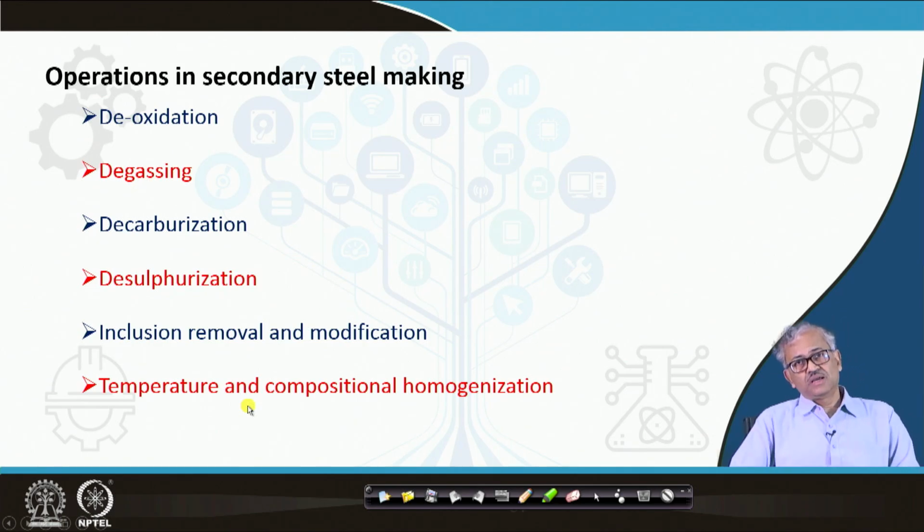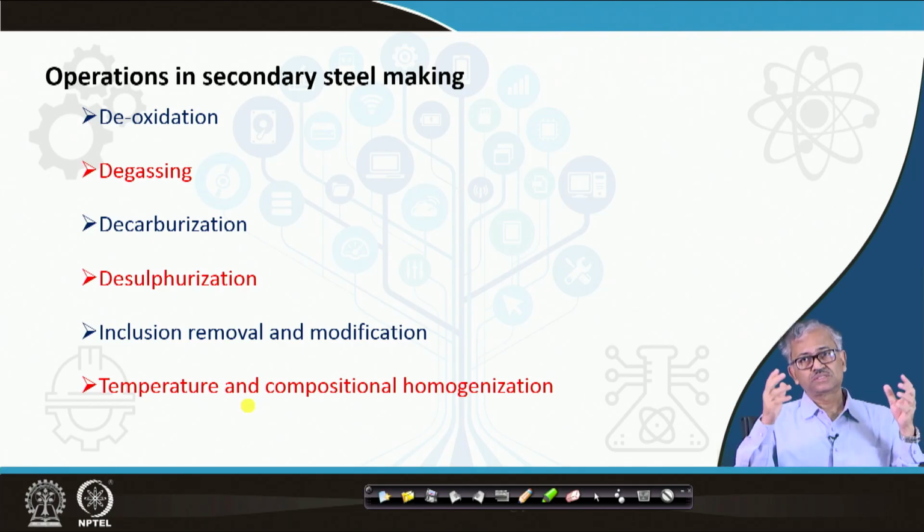Basically, continuous casting also cannot tolerate a different exit temperature of the liquid. When you are teeming the liquid steel into the caster, that is into a mold, the liquid temperature should be uniform, because based on a particular temperature, your heat extraction amount, everything is fixed. If you pour liquid at different temperatures, then continuous casting cannot work, because it will not produce the result.